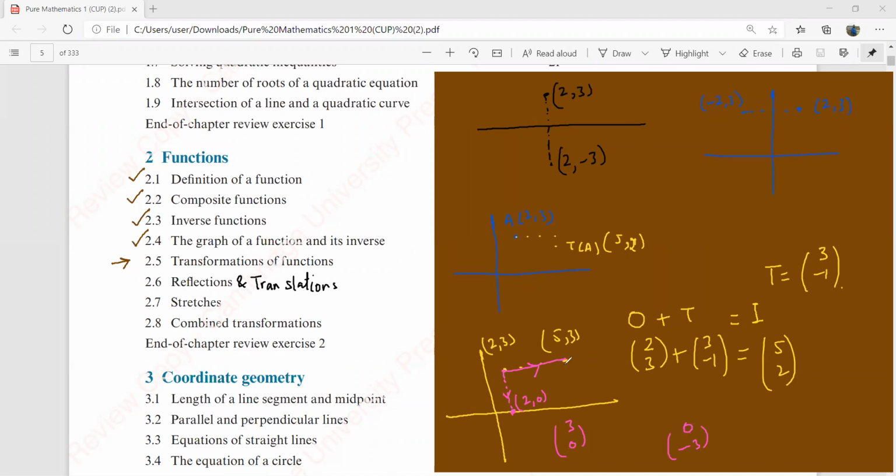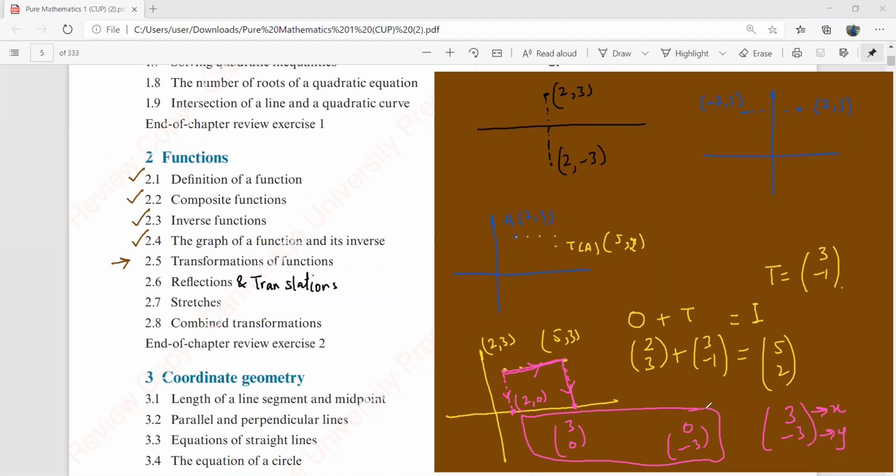And if this point is translated here, 3 steps to the right and then 3 steps down, you can combine these two, so the translation matrix would be 3, minus 3. We always mention that this is the horizontal component and this one is the vertical component, and you have all done this in your O level mathematics. Yes, okay children?